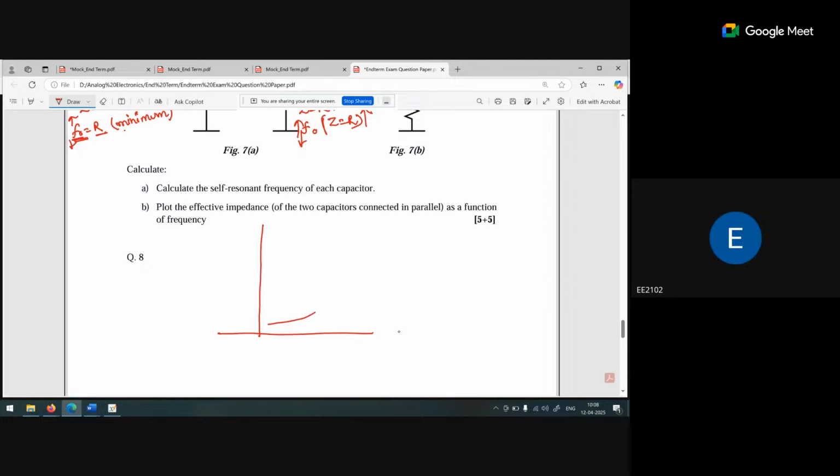Now if we are calculating the effective impedance, if we increase the frequency, this one is the effect. Again we are getting this type of equivalent resistance, which we are calculating. So this is F naught, this is F1. We get one frequency like that.